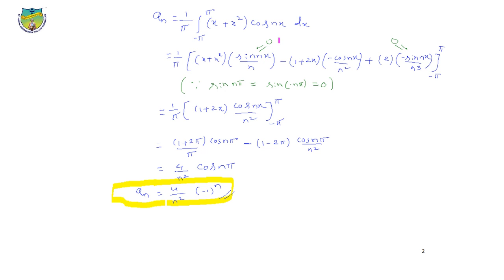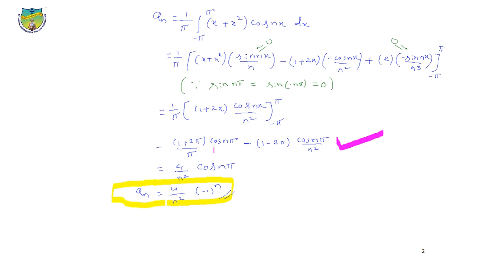But we observe that wherever you have sin nx, the upper limit becomes sin n pi, and the lower limit is sin of n into minus pi, both are zeros. The first and third terms here are both zeros. Therefore, we get only the middle term, then simplification of the middle term, substituting x as pi. This is the one which we get.